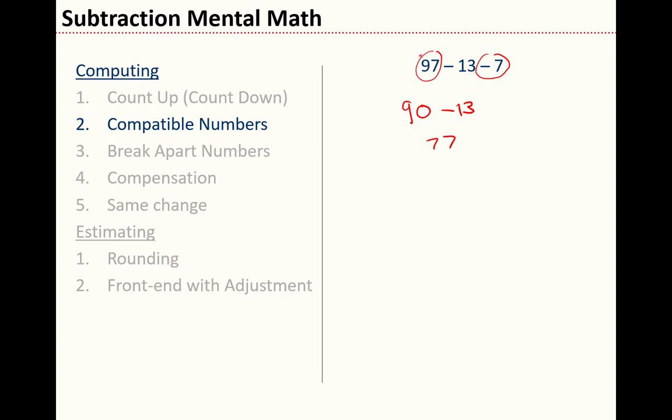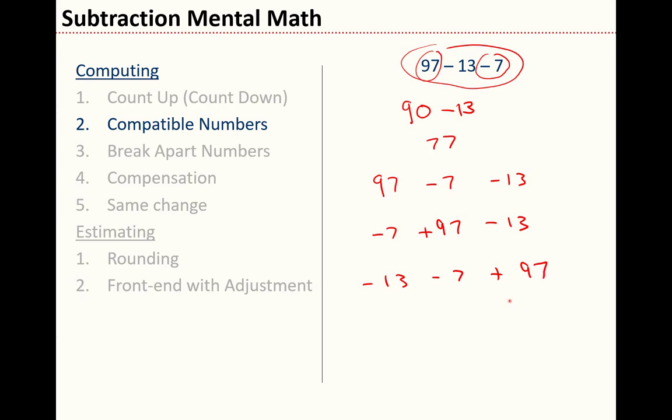Now, there's lots of ways that I can rearrange these terms. So even though they have subtraction signs in there, don't worry. I could write this as 97 minus 7 minus 13 and just put those in any order that I want. I could say minus 7 plus 97 minus 13, or minus 13 minus 7 plus 97.